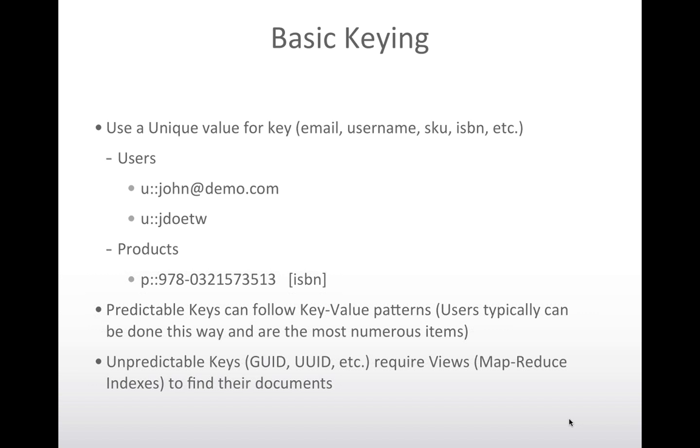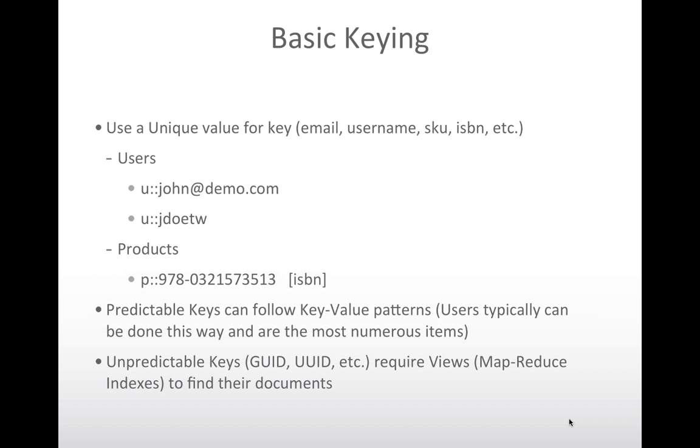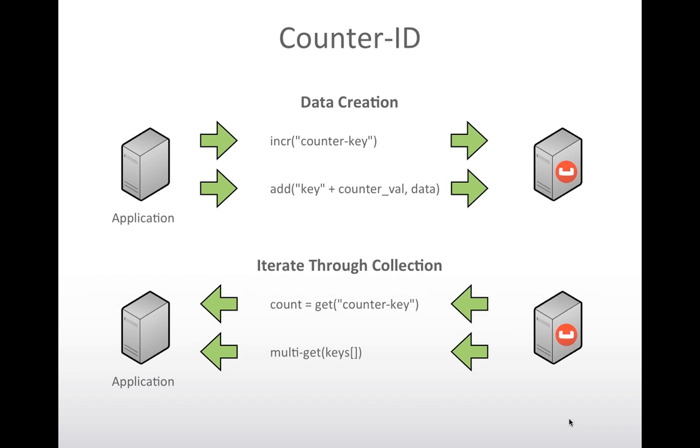But you can also do something with keys that are related to a counter. If you have, for example, a product or a user, and you don't want to use an email, you can use a counter. When you create the data, you increment the counter key. When you have the result of this increment, you use this value in the key, so you add a prefix plus the value of the counter, and you get it.